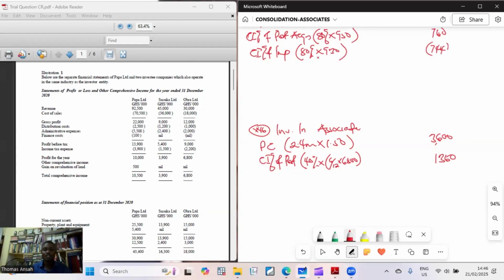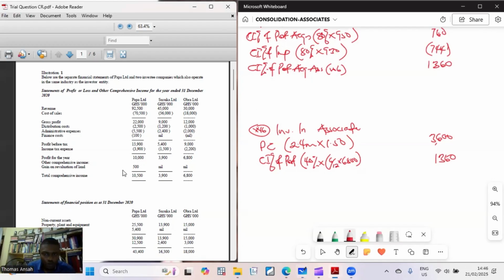All right. So basically that is that. Then, of course, we had the CI share of post acquisition for the associates. The same figure, you have it in your working 6. So that is 1,360.